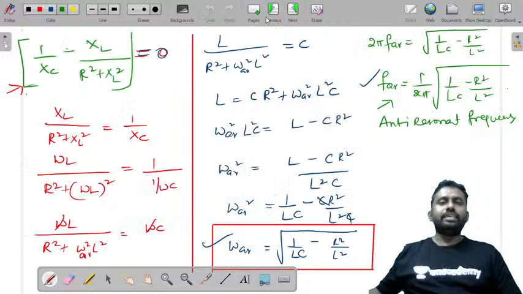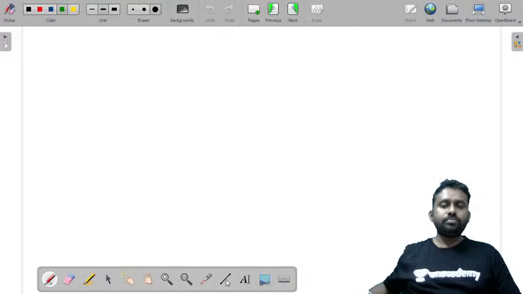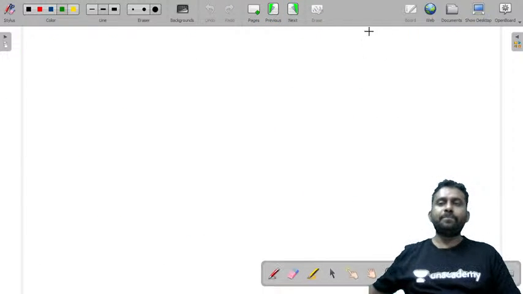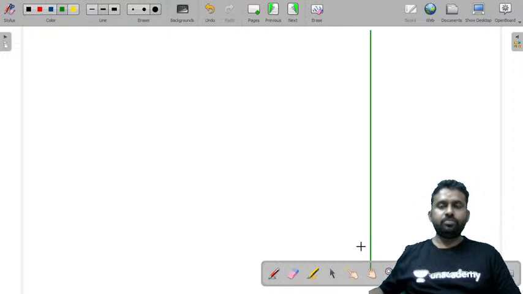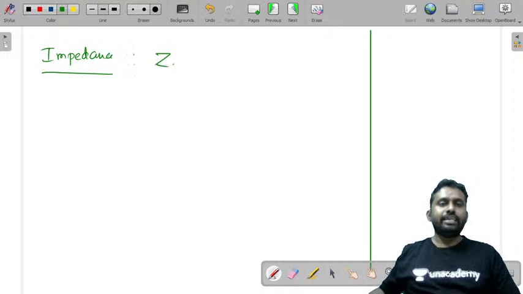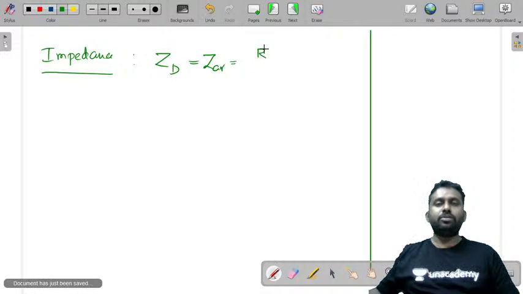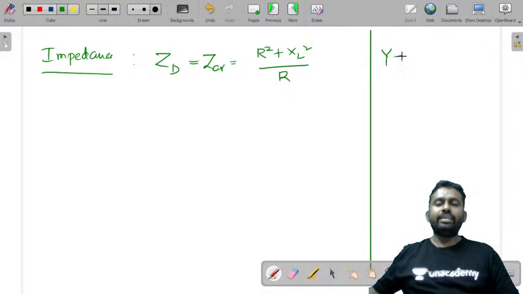So now let us consider the impedance. As I told you, what was the impedance? It is the dynamic impedance, which we'll call ZD or ZAR. Dynamic impedance is equal to R square plus XL square by R, because Y is equal to R by R square plus XL square under resonance.